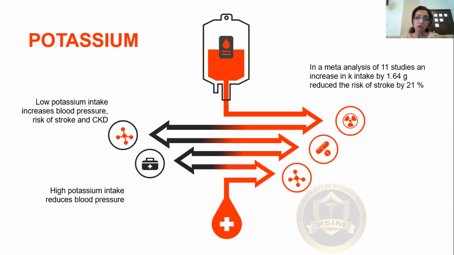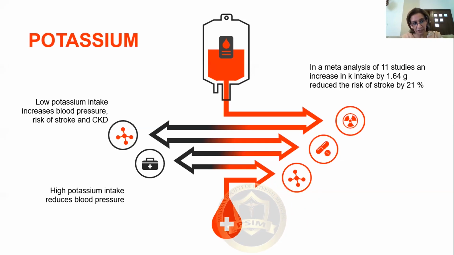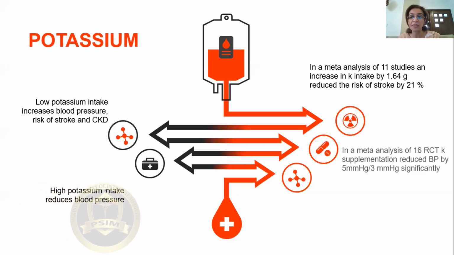And how does it do so? When you have a low potassium intake, there is activation of the WNK pathway, which causes activation of the sodium chloride co-transporter, which is going to reabsorb more sodium and hence cause a rise in blood pressure. A meta-analysis of 11 studies showed that an increase in potassium intake to meet the RDA actually reduced the risk of stroke by 21%.